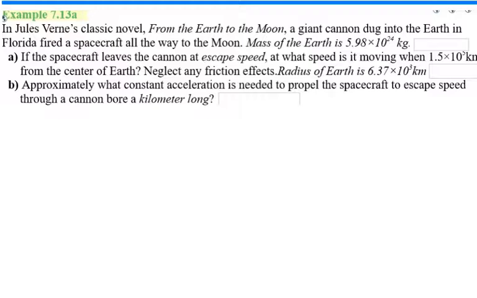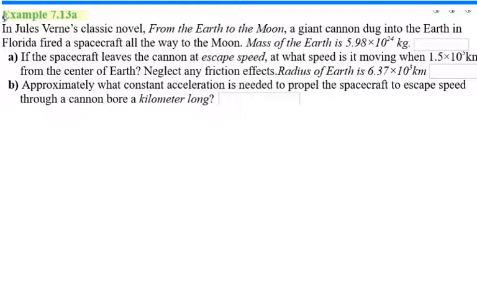I have to convert it to meters. Neglect any friction effects. The radius of Earth is given as 6.37 times 10 to the 3rd kilometers. Again, I have to convert to meters. Approximately what constant acceleration is needed to propel the spacecraft to escape speed through a cannon bore 1 kilometer long?